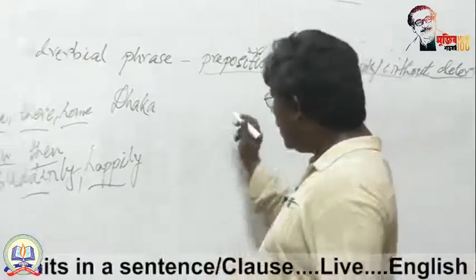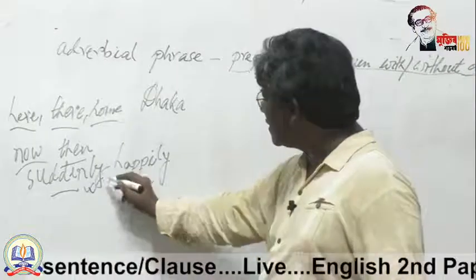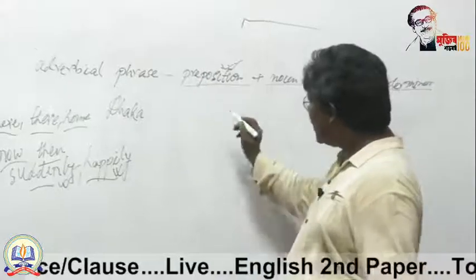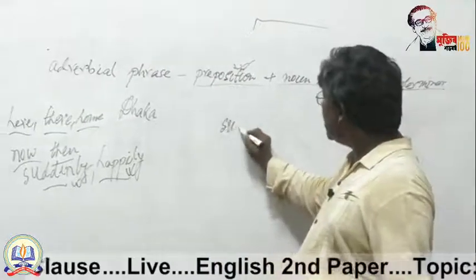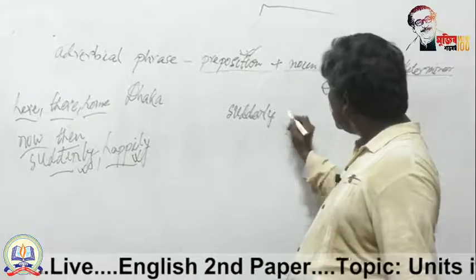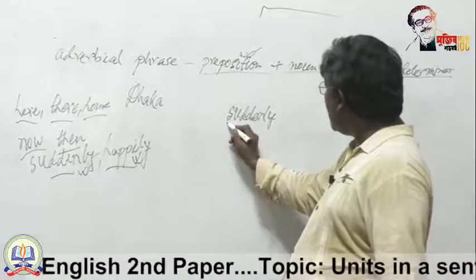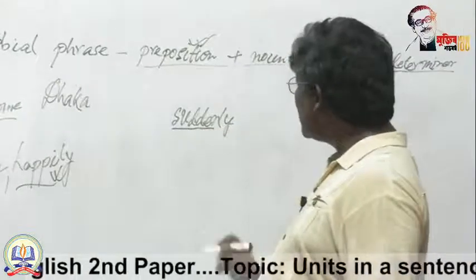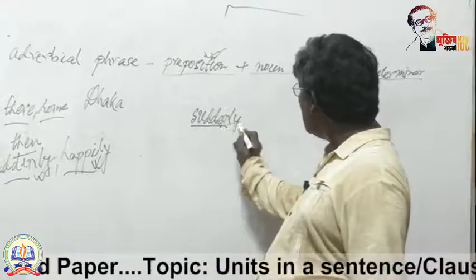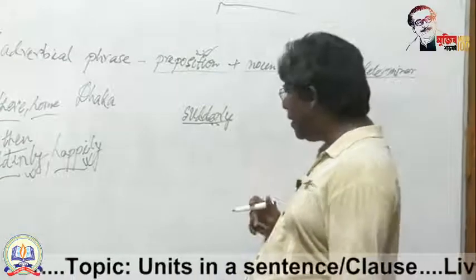Well, I have used two adverbs as examples of the parts of speech. Look, suddenly, what is there? In the word suddenly, the adjective sudden is added with an ly and thus has become an adverb.